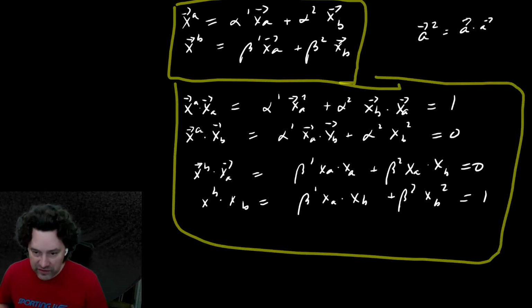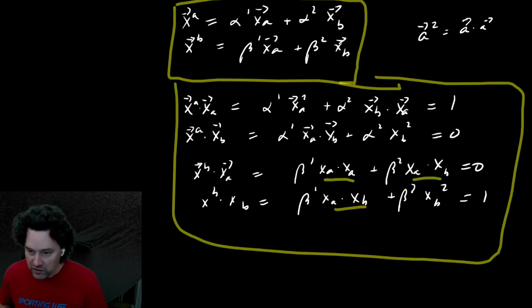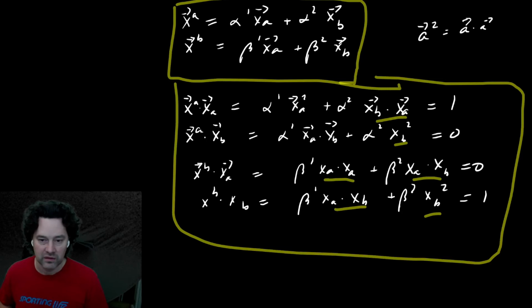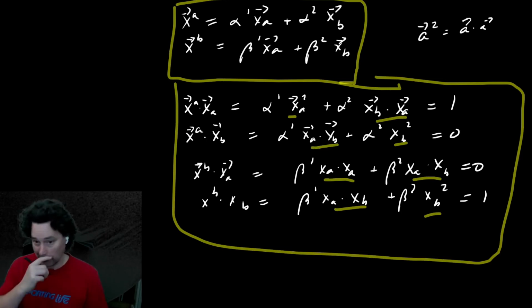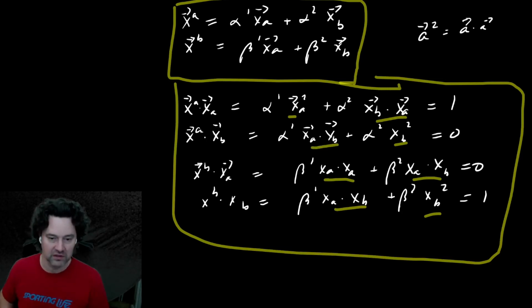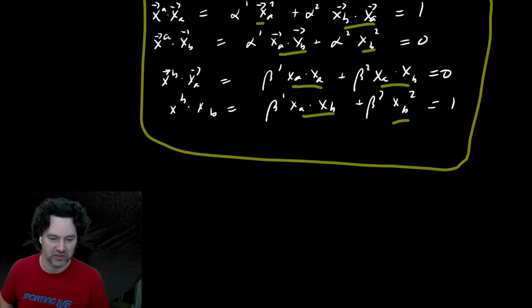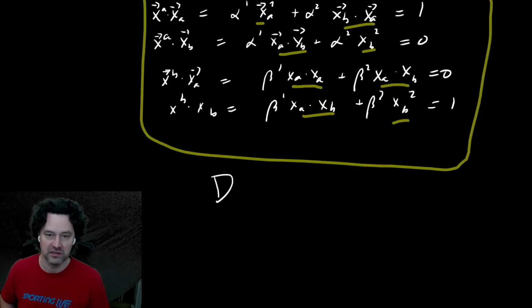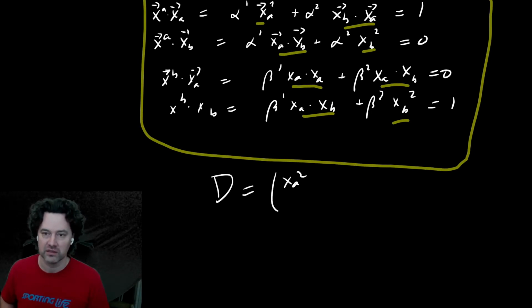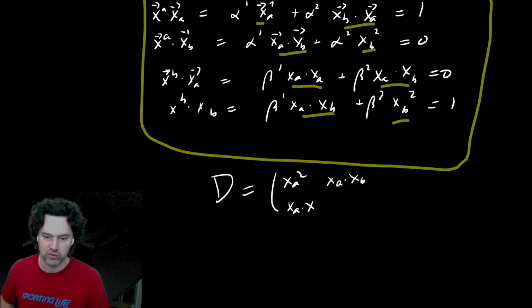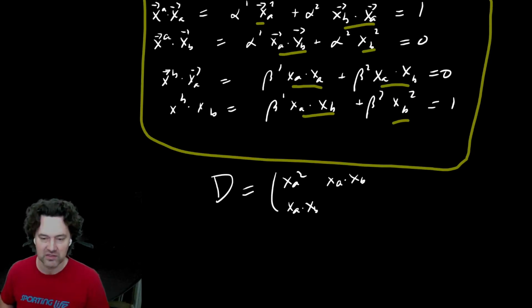Now we notice that the kernel of this linear system is the same in both cases. So we'll just write this as a matrix equation. So let's say D is xa squared, xa dot xb, xa dot xb, and I'm flipping the orders here because it doesn't matter, and xb squared.